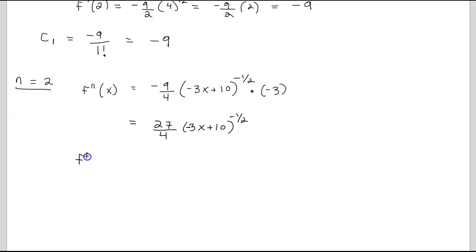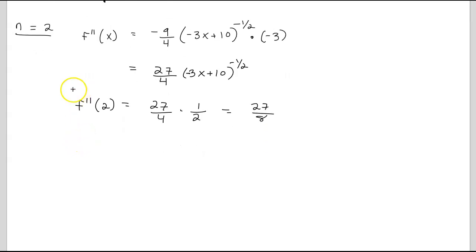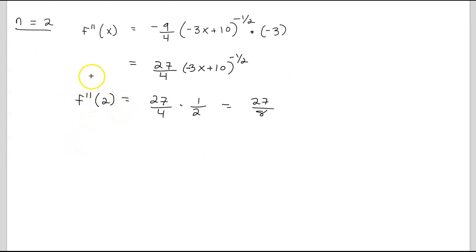Now substituting in 2, the center of the series, we'll get 27/4, and this is going to be 1 over the square root of 4, which is 1 over 2. So we get 27 divided by 8 for the second derivative evaluated at 2.